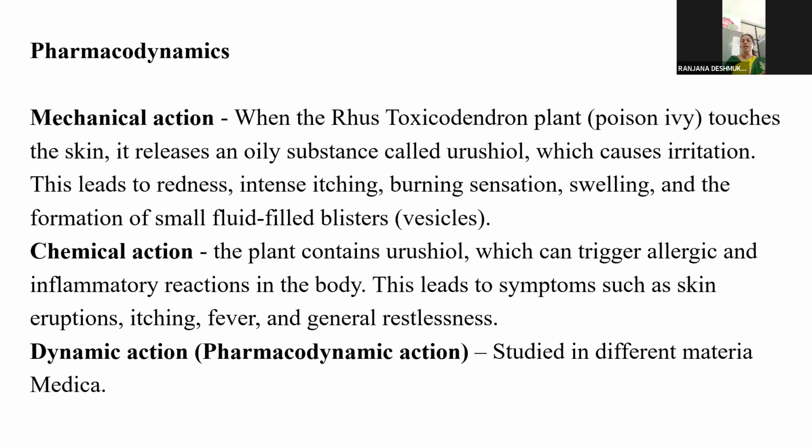And the third is dynamic action. Basically, dynamic action is the action which takes place when we give the potencies to the patient. It is studied according to different materia medica, in the form of primary and secondary action.